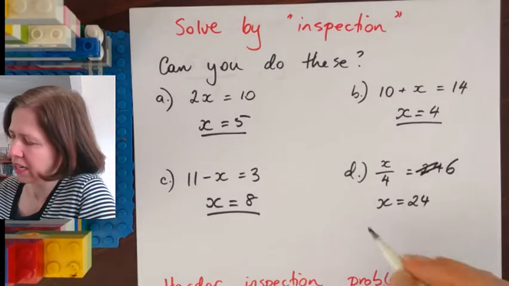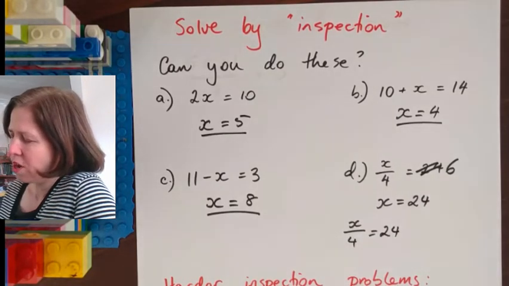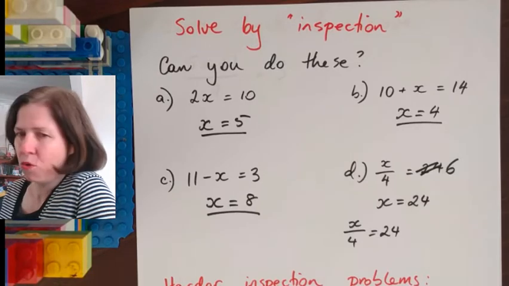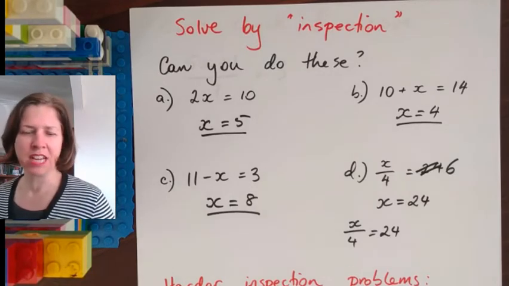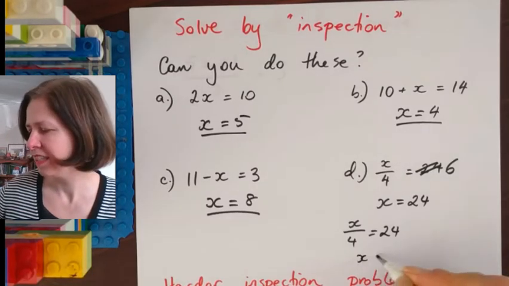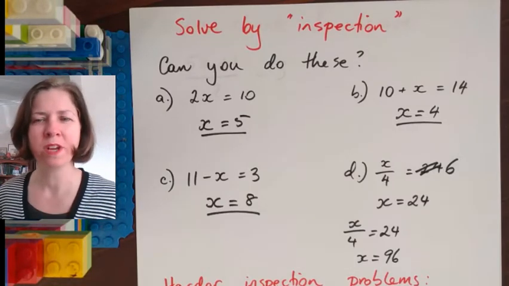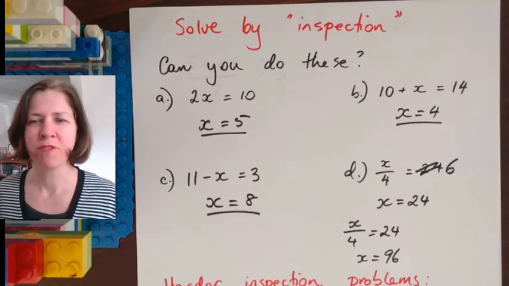So if you're wondering what would be the answer to this one, what number divided by 4 is going to equal 24? The answer that you want to that one is x equals 96, because 96 divided by 4 is going to give you 24. That's a bit of a tricky one though.